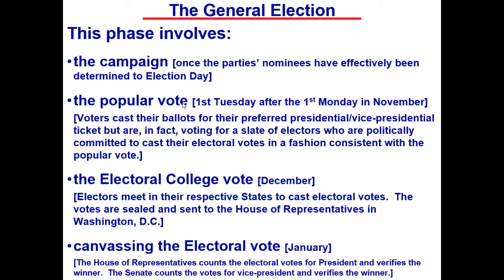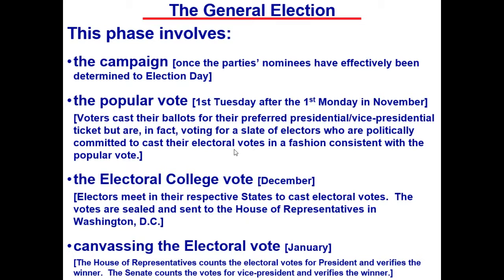That doesn't stop the news networks from declaring a winner, in most presidential election years, on the night of the popular vote. Barack Obama has been elected, or Donald Trump has been elected the 45th president of the United States.